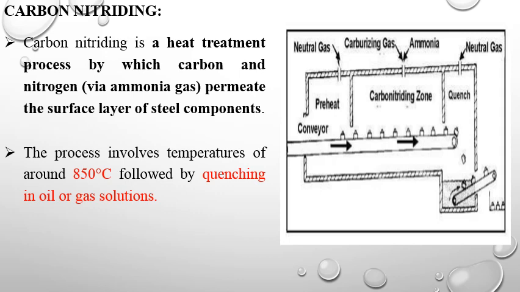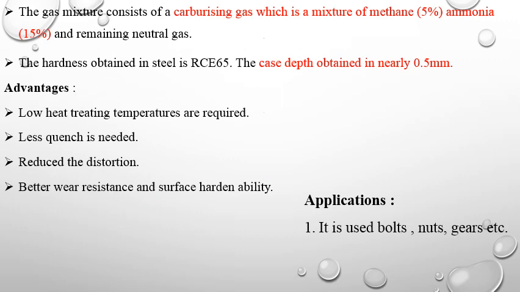While inserting the carburizing gas, ammonia gas is reheated to 850 degrees centigrade. The neutral gases should be quenched and the waste should go out through the outlet. The gas mixture should be methane and ammonia 15% with the remaining neutral gas.